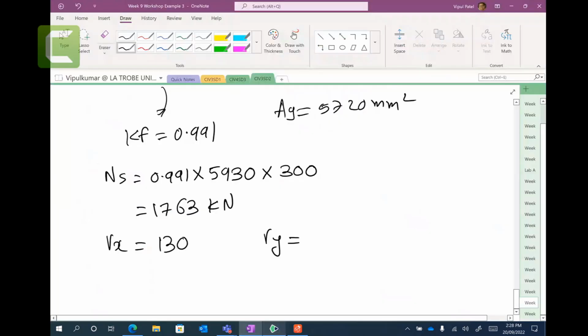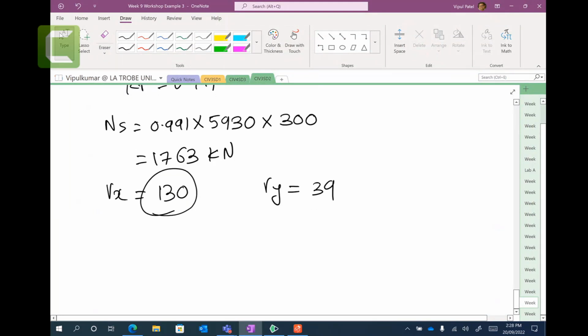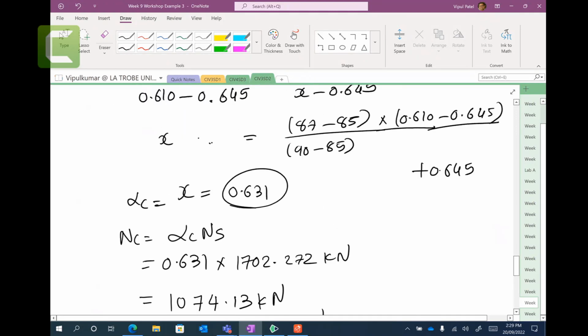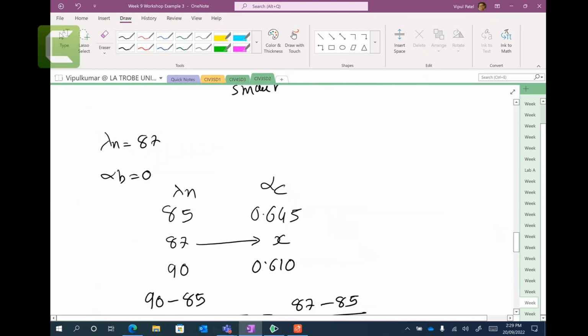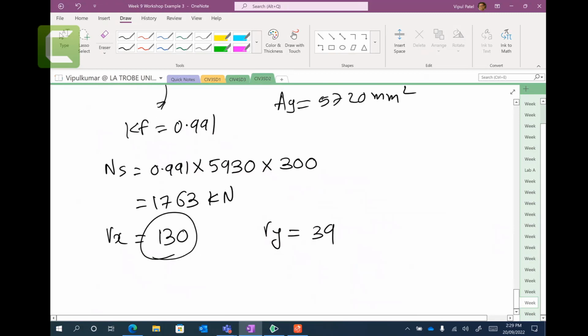These numbers are smaller, and smaller numbers are better. So if we do these calculations again for this one, how much is it? 130 and 39.